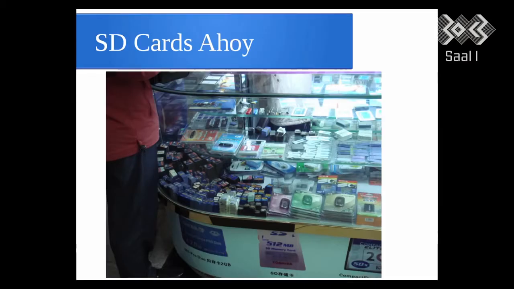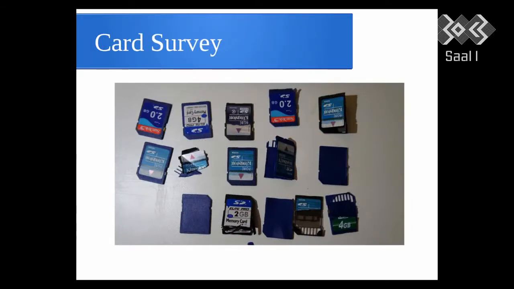So wandering around the market, there are little vendors here who sell lots and lots of SD cards of questionable origin. Lots of them are used cards or fake cards or whatever it is. This one's proudly advertising that it can give you a 512 megabyte SD card. Very exciting. And we bought a bunch of them and tore them apart.